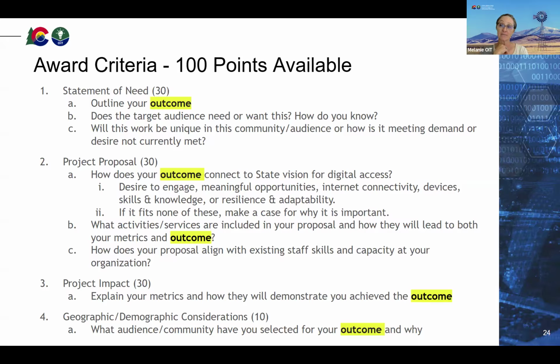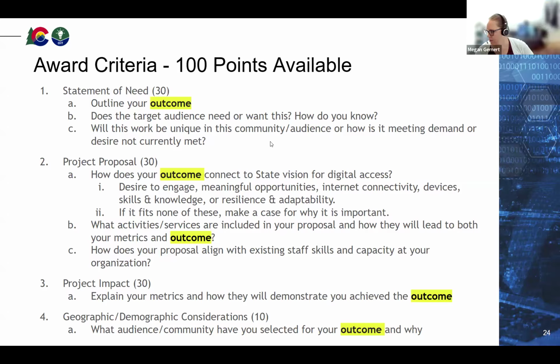I would say the way that you tell us why you want to ask for funding for a certain population, big or small, will be the ticket to answering that question. Does that sound fair, Megan and Stephen? If it's a small number of people, tell us why it matters. And again, go back to those: is it meeting a unique need? Is it meeting demand that isn't being met? Right. Go ahead, Megan.